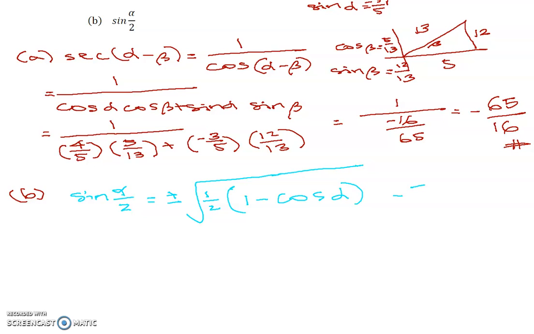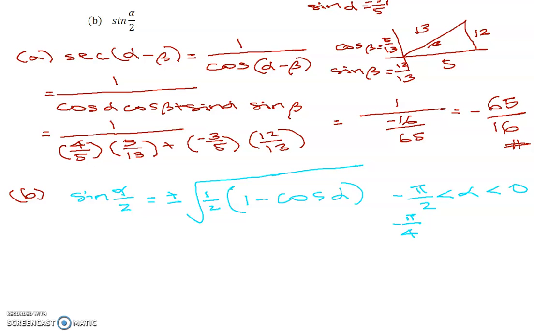The angle alpha, just now we established, is in the fourth quadrant. So we check where alpha over 2 is.